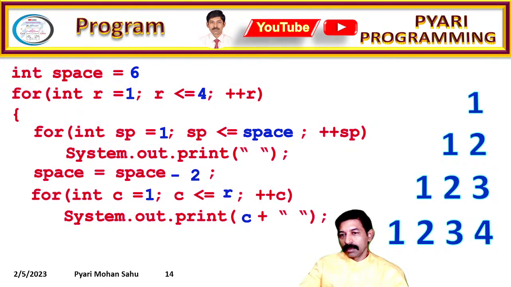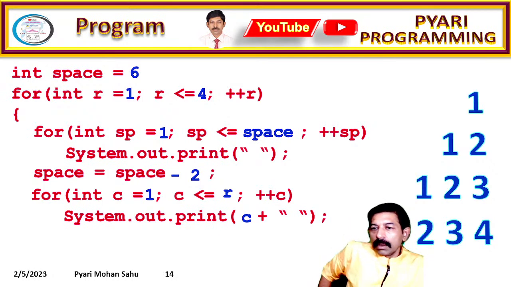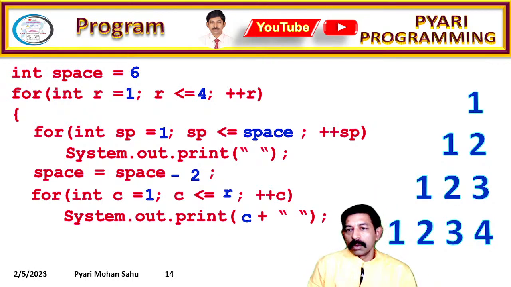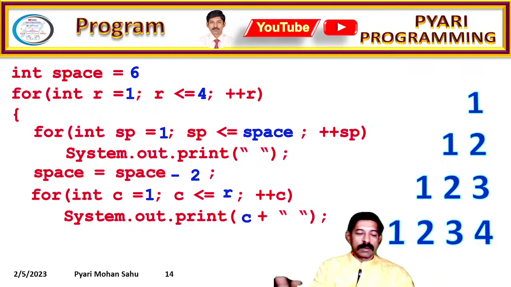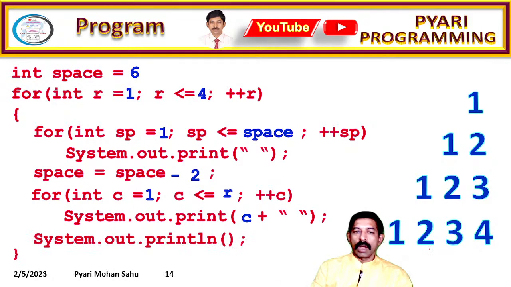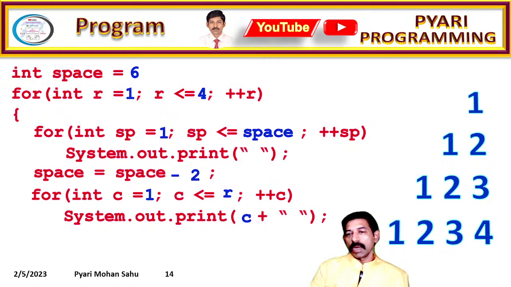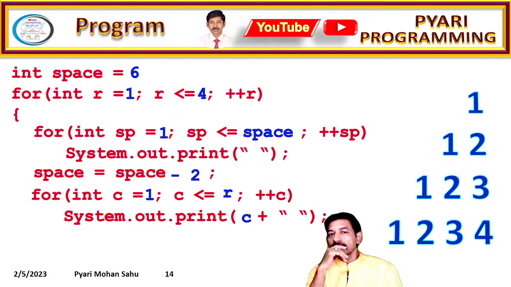Now, yes, C plus equals to 1 is also okay. I'm talking about the next one. What is missing? What is missing after this? Now I've displayed this. What is missing after this? Who can answer this?